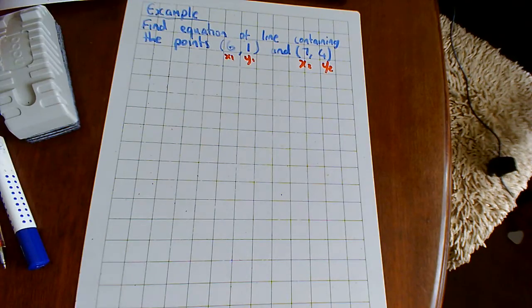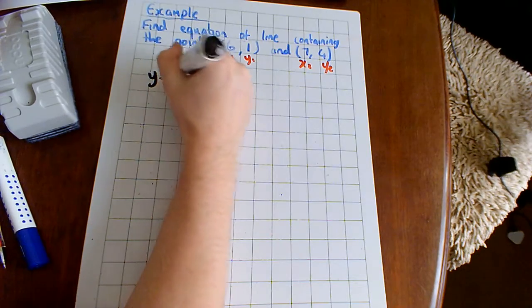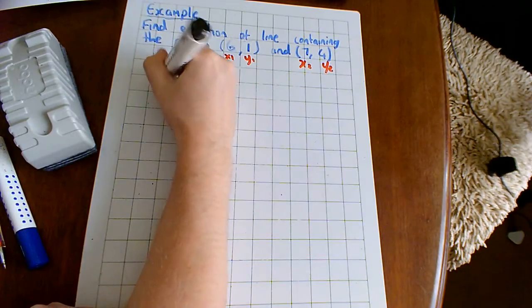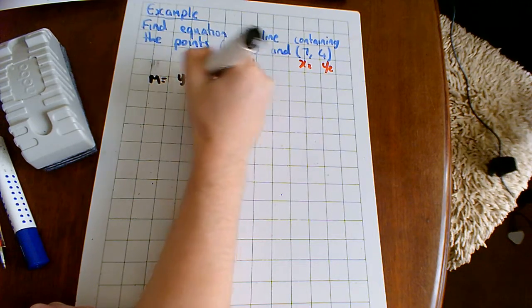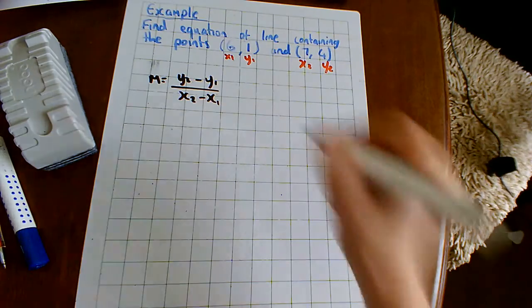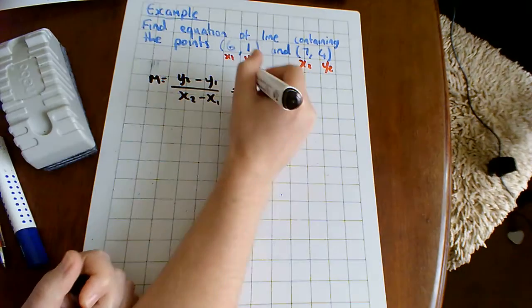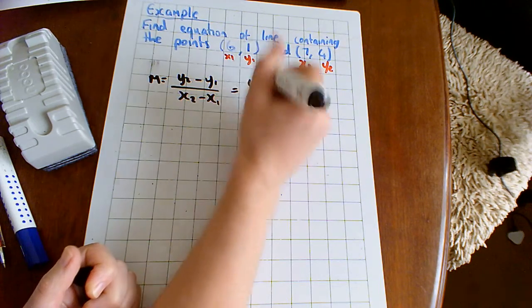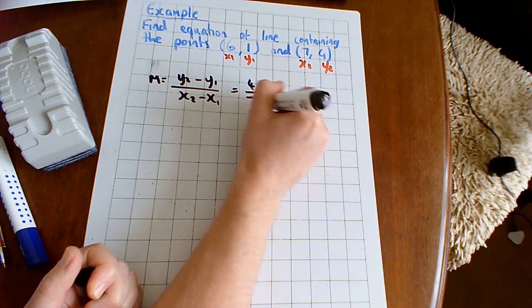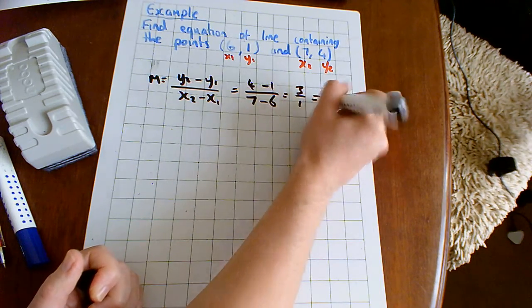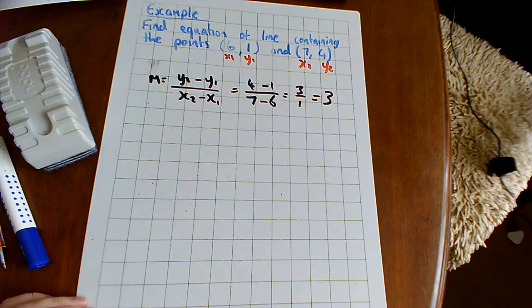The formula for slope is m equals y2 minus y1 over x2 minus x1. This way we'll be able to find the slope. So y2 is 4 minus 1 all over x2 is 7 minus 6. So we end up with 3 over 1, which is just 3. So the slope is 3.